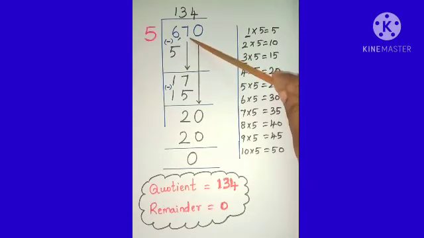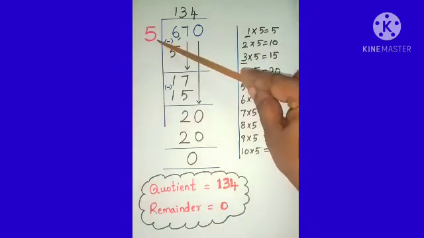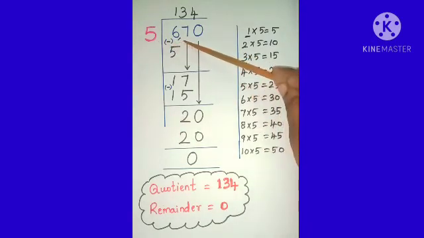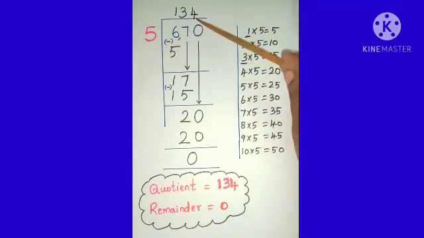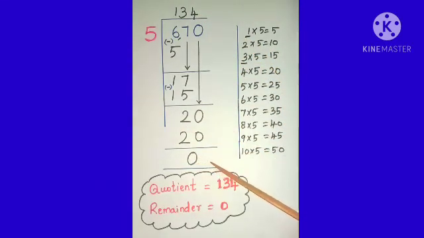Here the number 670, which is being divided, is known as the dividend. The number 5 that will divide the dividend is known as the divisor. The result or answer of the division is known as the quotient. The number at the bottom of the division is known as the remainder.